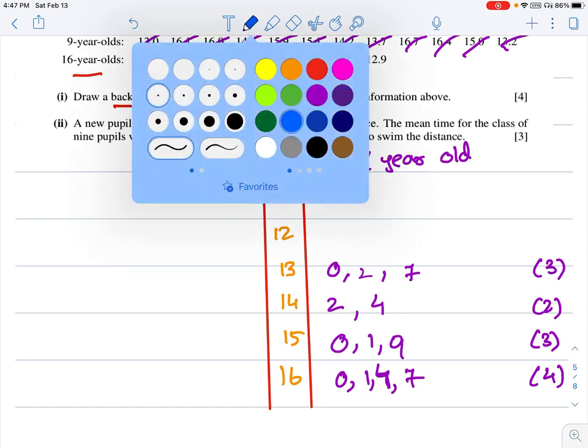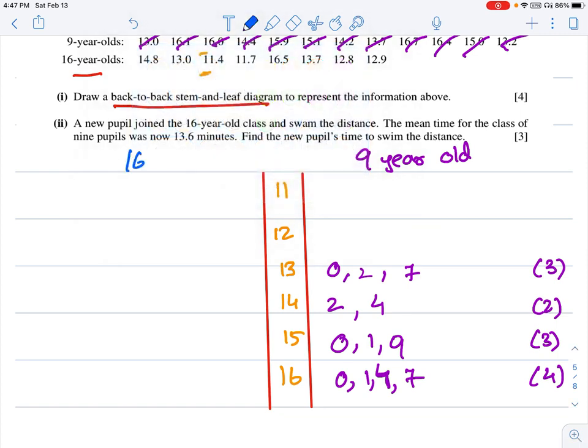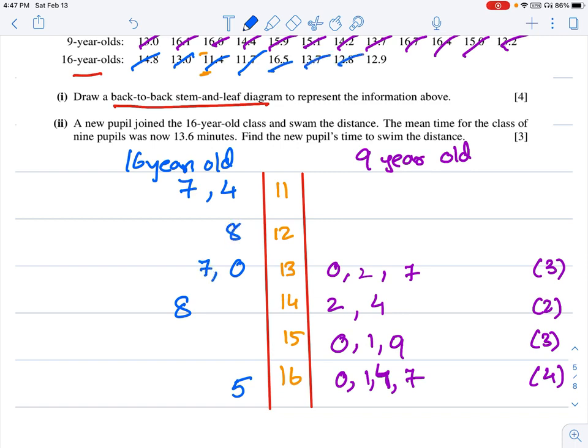Similarly, now you have to do it for the 16-year-olds. Then the values: 14.8, 13.0, 11.4, 11.7, then 16.5, 13.7, 12.8, 12.9.